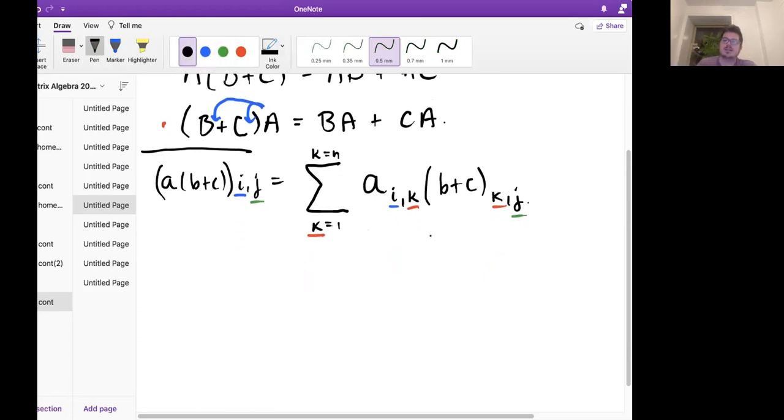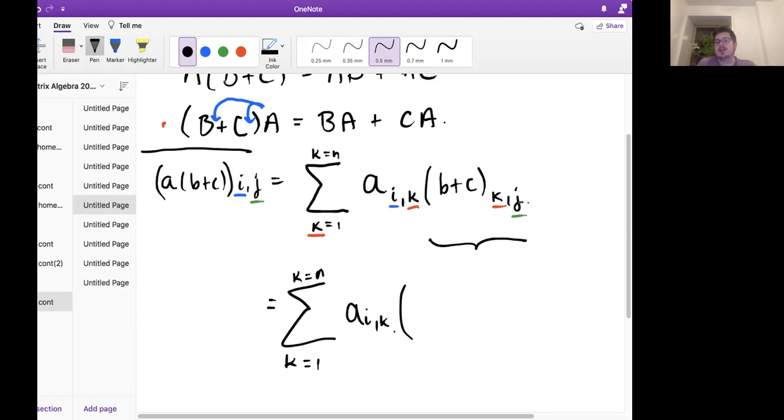Okay, can someone tell me when you sum two matrices, what do you do to the entries? What are the entries of B plus C at KJ? Yeah, it's a sum of elements, and what elements are they? If I want to look at the kjth entry of the sum, what entries am I looking at in B and C respectively?